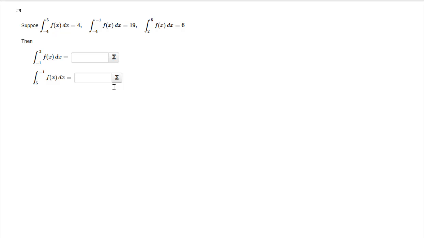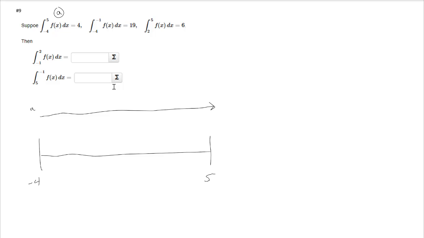And let's use that exact same strategy here for problem number 9. So we have our number line here. It says that the integral from -4 to 5, that whole integral right here, is equal to 4.